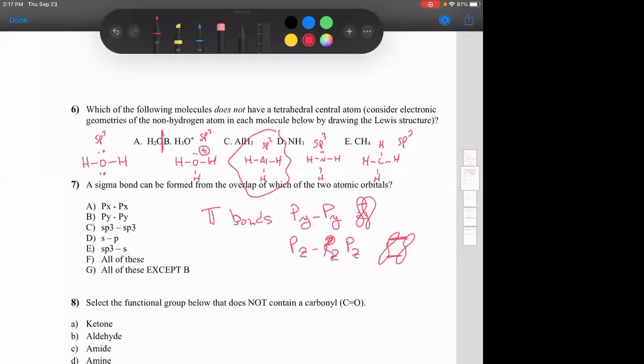So if you see py, py, and pz, pz, that's going to be pi. Everything else is sigma. So scanning through this, I see this guy, right? And the question is, a sigma bond can be formed from which of the following? And this is a no, right? So anything else a no? No. So the only choice that makes sense is G.